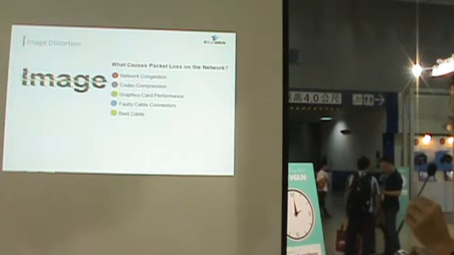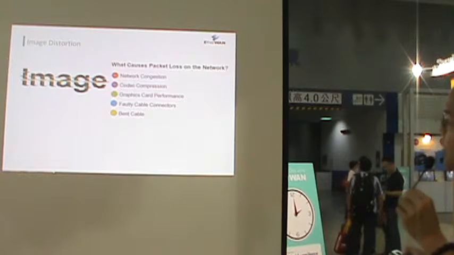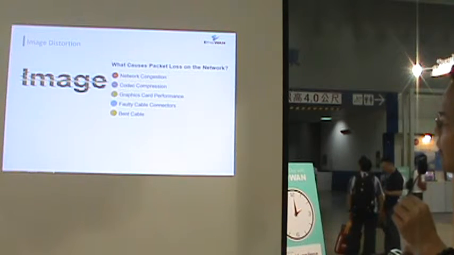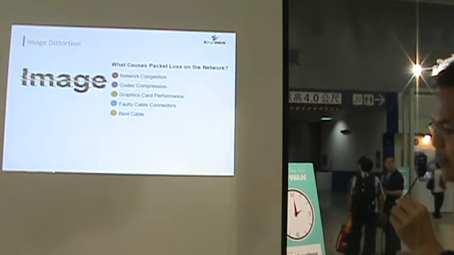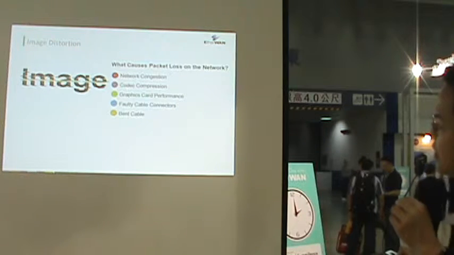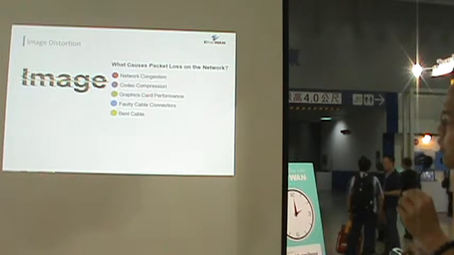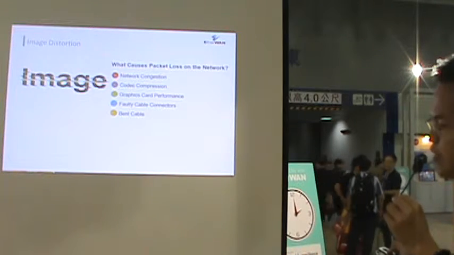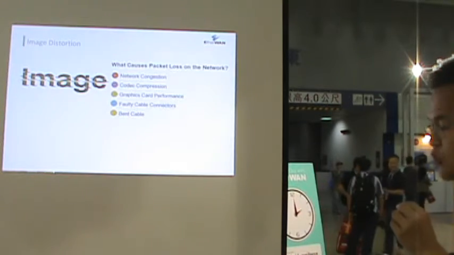Each frame is encoded. Now, for H.264, if you encounter packet loss, you have image distortion. So in this case, you can change to motion JPEG if you have enough bandwidth. Losing some packets will not cause serious issues.